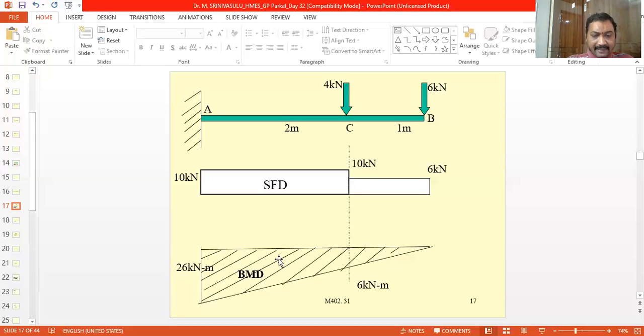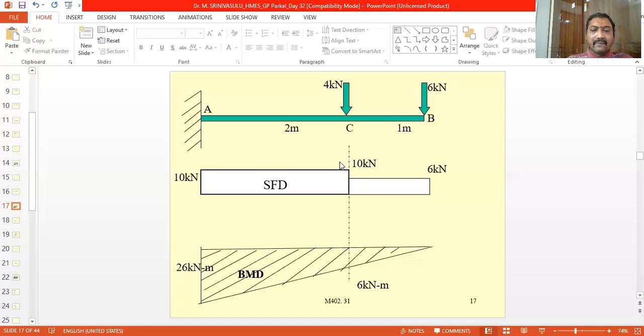Because this is the zero line and all the values of the bending moments are negative, this is zero value, this is minus 6, and this is minus 26. So we got a diagram below the zero line, and this hatched diagram will show the bending moment diagram.